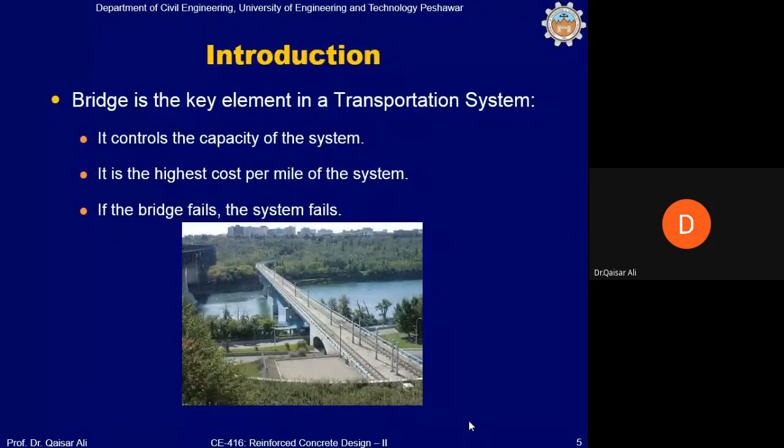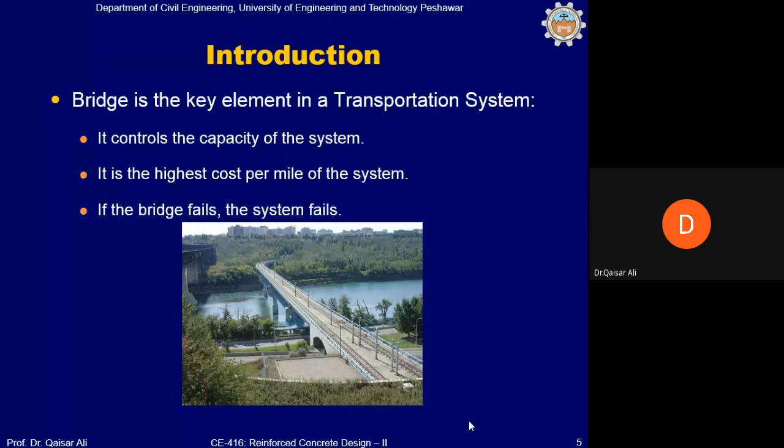You know that a bridge is one of the key elements in a transportation system because it controls the capacity of the system. If a bridge is very narrow compared to the highway, then the number of vehicles passing over the bridge will be less, so it will control the capacity of the system. And it has the highest cost per mile of the system.